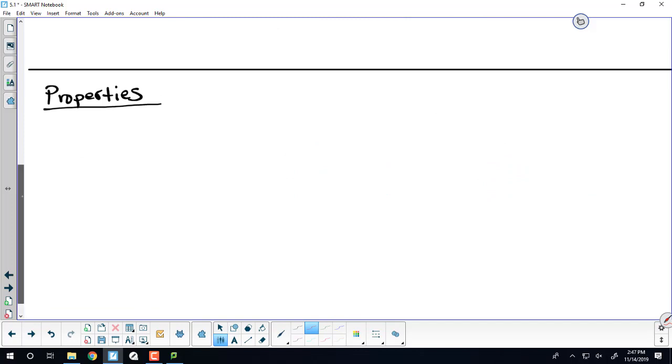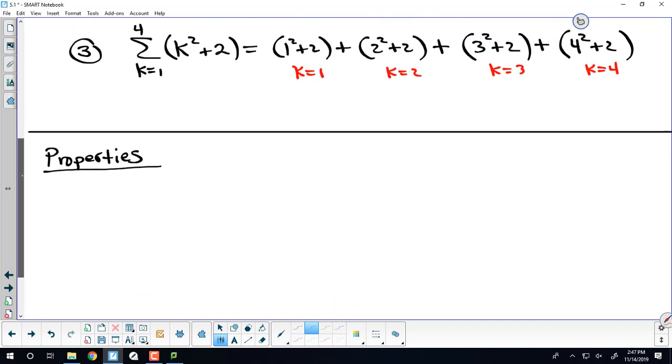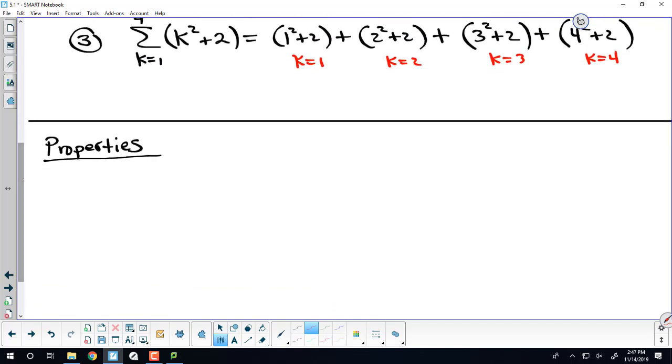So the properties of summing a bunch of stuff is really just algebraic properties on what you can do when you have a bunch of things added together.